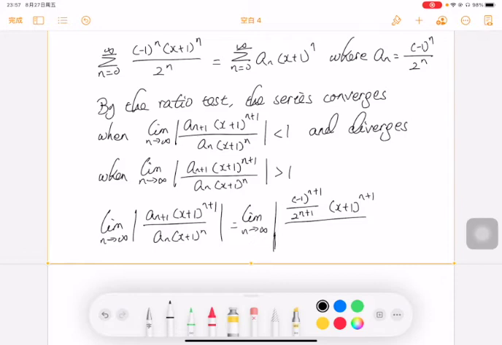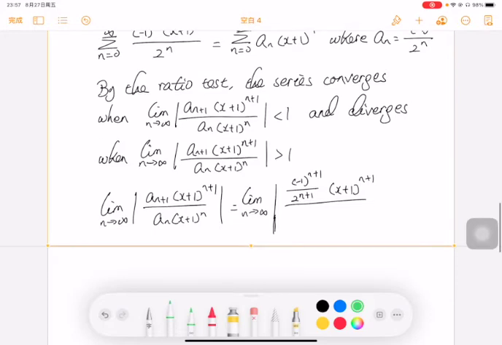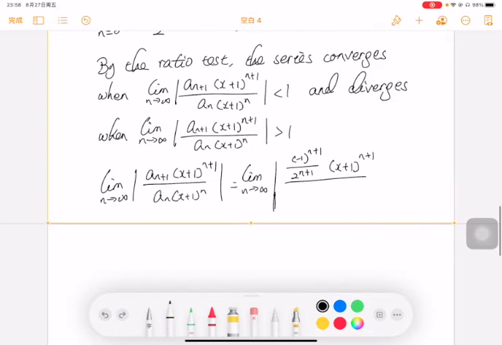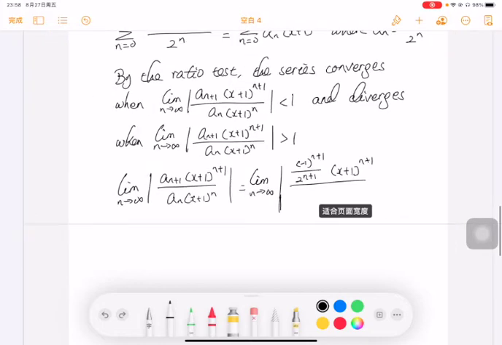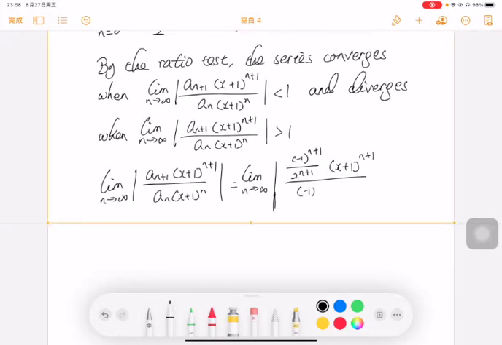It's a fairly large fraction, but the arithmetic is pretty straightforward. And then we have (-1)^n divided by 2^n, and then (x plus 1)^n.